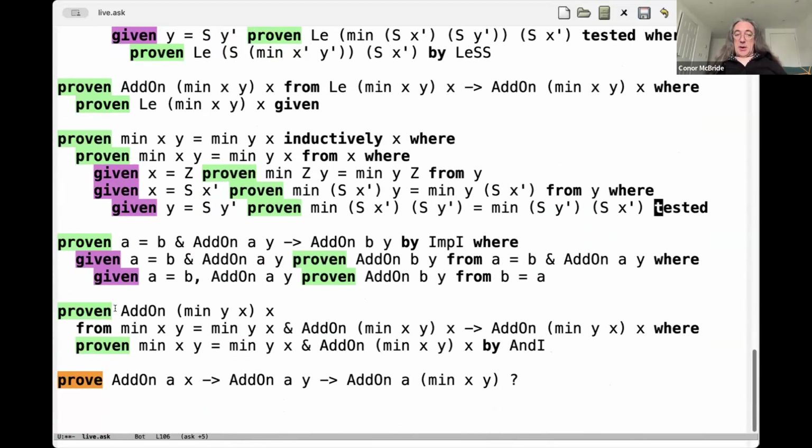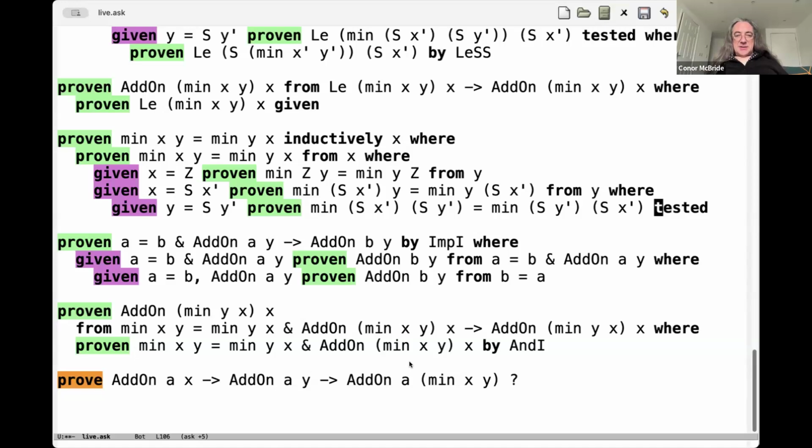And now our proofs have turned to proven in this thing. Do you want to do the other one? Why don't you do it if you're set up for it?